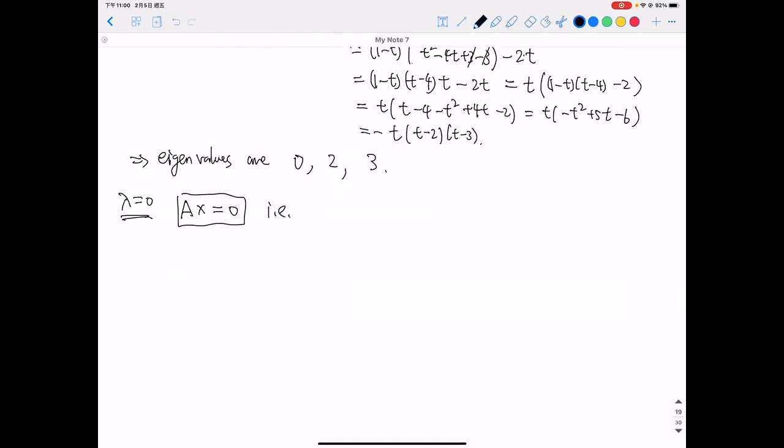The system to solve is the matrix 1, 0, -2; 1, 3, 1; 1, 3, 1. I'm just writing the augmented matrix, which we need to process.